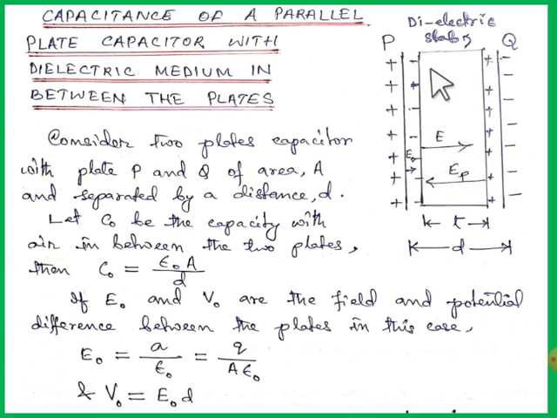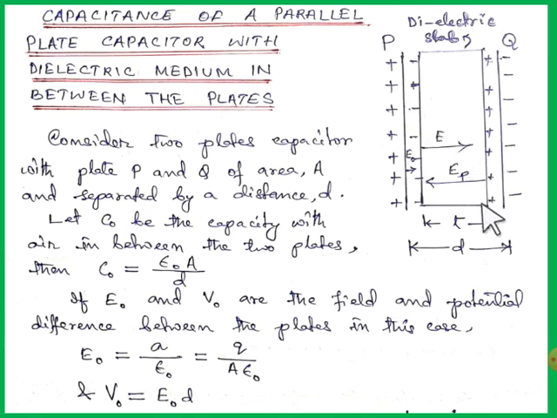As polarization takes place, the electric potential difference between the two plates decreases. Got it? So due to that, capacitance will surely increase. Now let's see step by step how to find the formula for capacitance of these parallel plate capacitors with a dielectric medium between the plates.